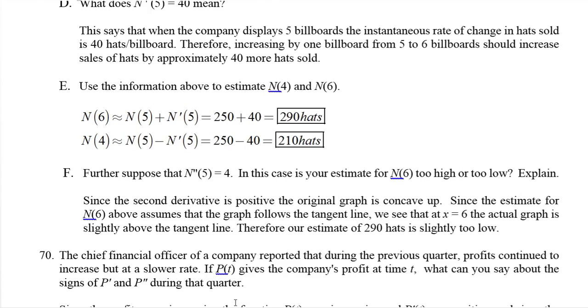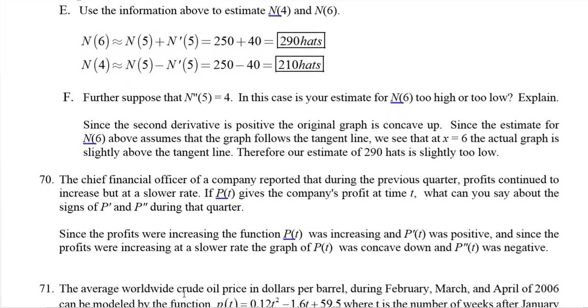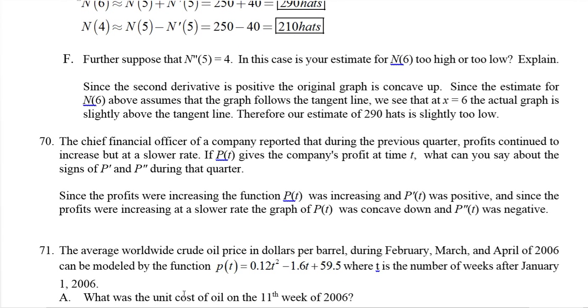But it's increasing at a slower rate, so that means that rate of growth is decreasing. So P prime is positive but decreasing, and P double prime then is negative. So ultimately, P prime is positive, P double prime is negative. Okay, let's try another one.